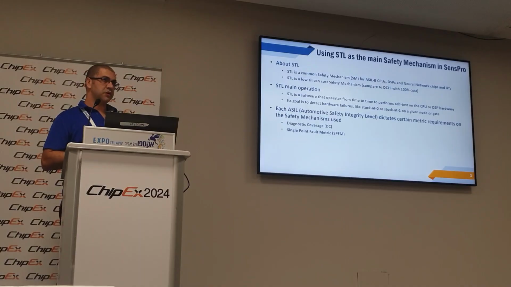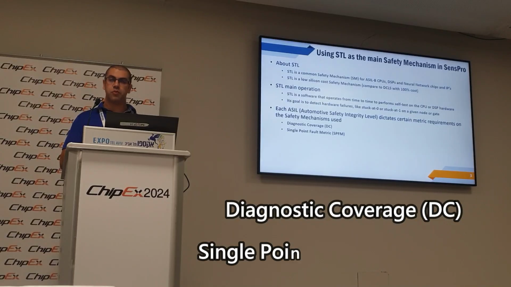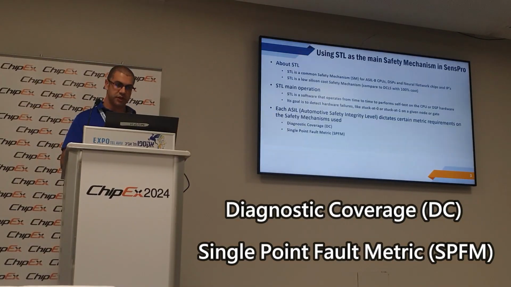There are two main metrics that we look at in this scenario. Of course, there are a lot, but we will focus today on two of them. One of them is the DC, which is the diagnostic coverage, and the other one is the SPFM, single point fault metric. We'll explain them in a minute.